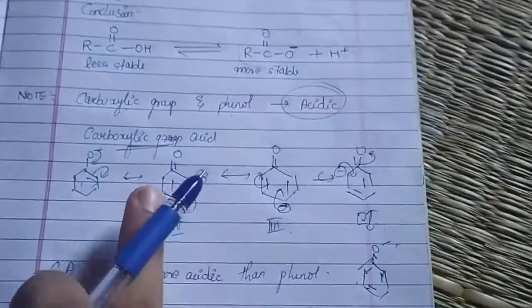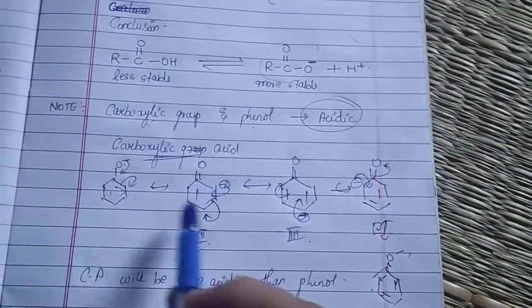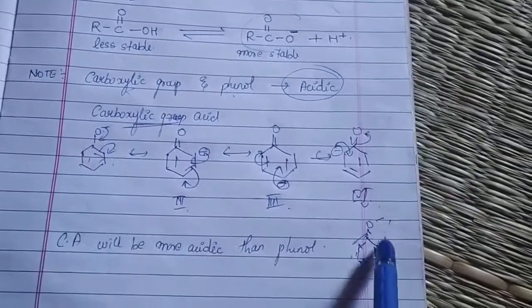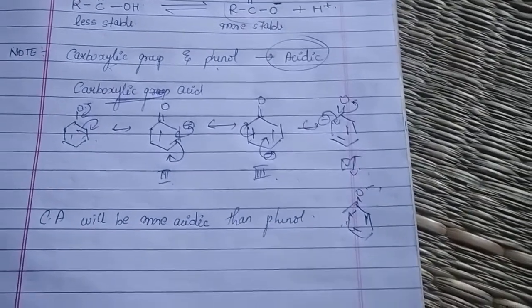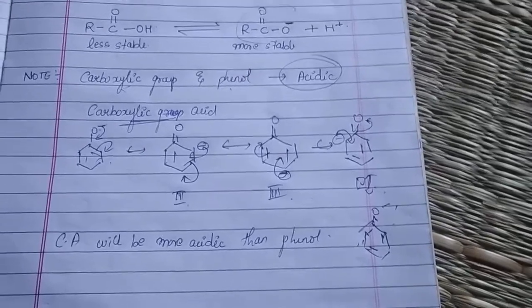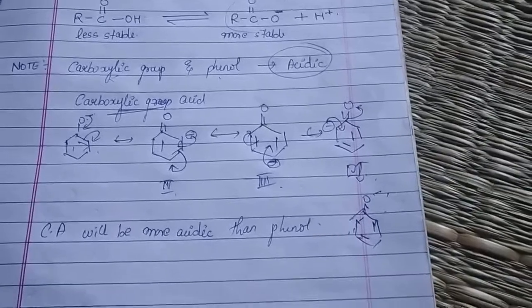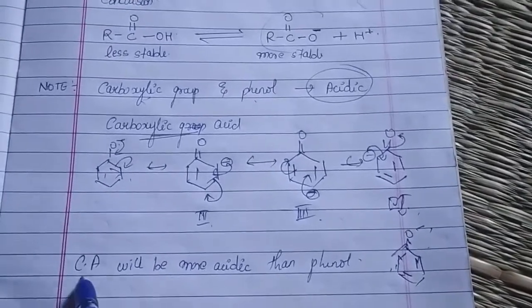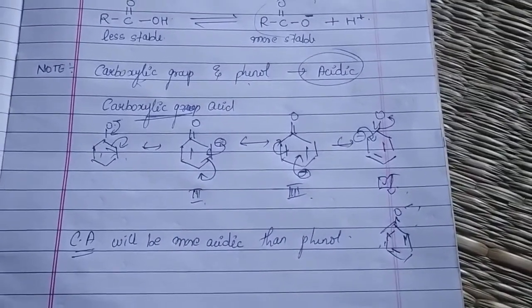But when we talk about a phenoxide, that is your phenol's phenoxide ion, only the two structures in which the oxygen atom is having a negative charge will be contributing to the resonance hybrid. So that is the reason which makes a path for us to understand that your carboxylate anions are much more resonance stabilized when compared to the phenoxide ion. So that is the reason your carboxylic acid will be more acidic than that of your phenol.